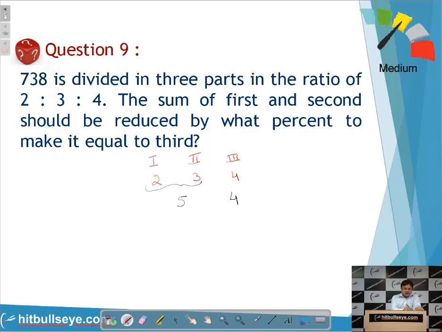So here again the desired percentage decrease is equal to 1 by 5, which gives me the same answer as 20%. So students, we see how the questions could be made very easy if we know the basic concepts of ratio and proportion. This could be very helpful in your preparations.